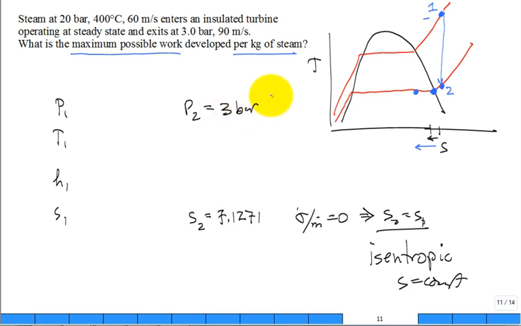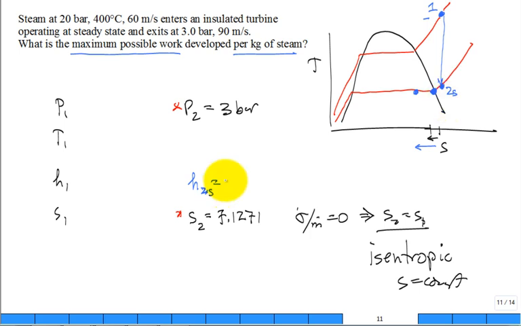I forgot the lower pressure. These two fix the property H2, and that H2 is H2S. It's the isentropic value at state 2 from expanding from state 1. So a lot of times we'll put H2S. This would be the 2S right there, state 2S.